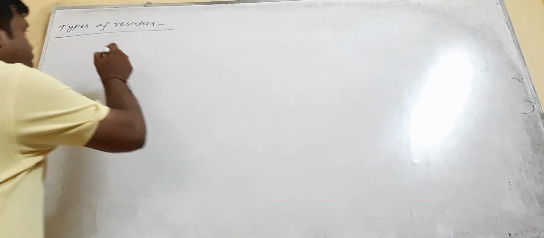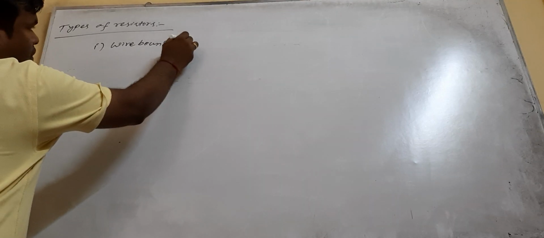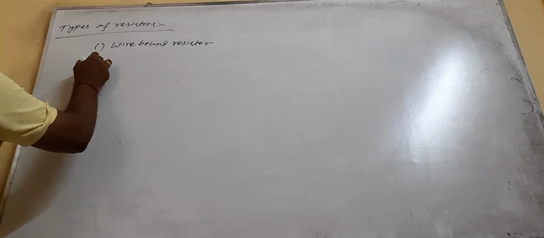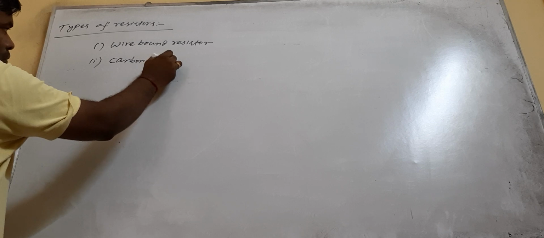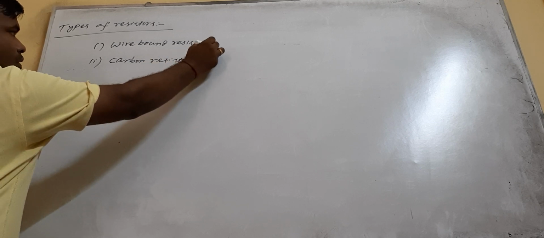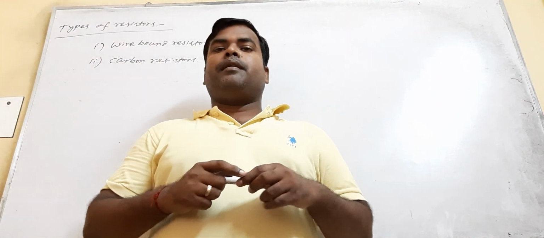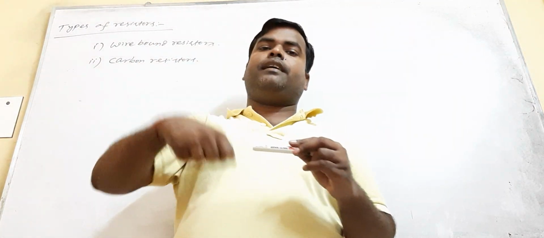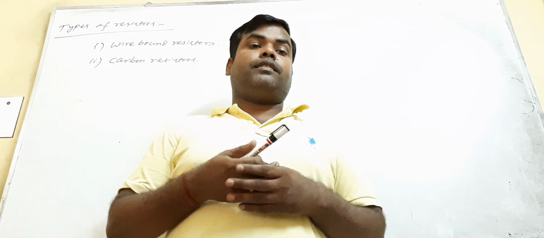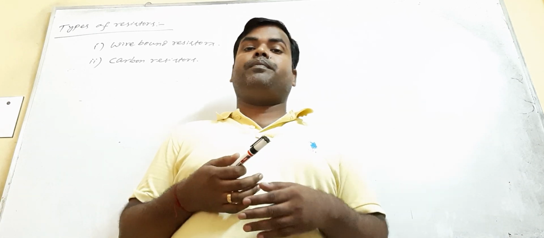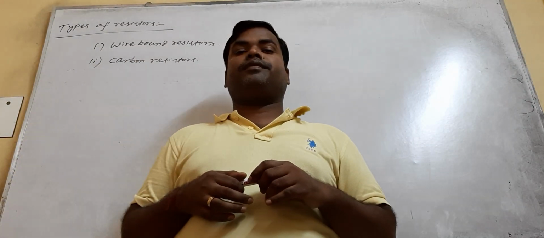One is the wire bound resistor, number two is the carbon resistor. A wire bound resistor is obtained by winding wires of high resistivity. We use alloys like nichrome, manganese, and constantan for wire bound resistors.